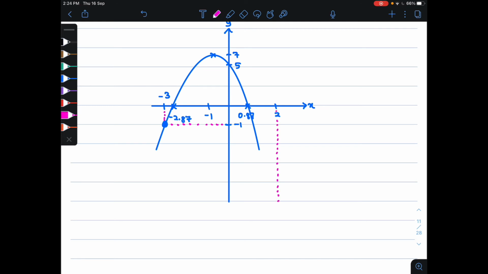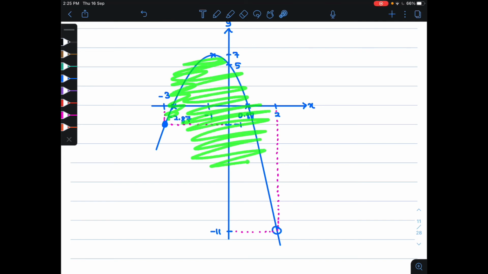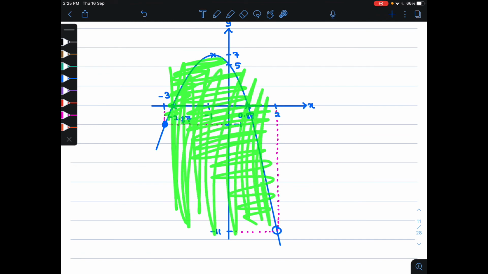So, kalau kamu lukis, graf kamu ni still tak cukup panjang, so kamu kena sambung bagi dia panjang. And the y coordinate is -11. So, the interval of x is between -3 until +2 only. So, cuma ada graf dekat sini sahaja.